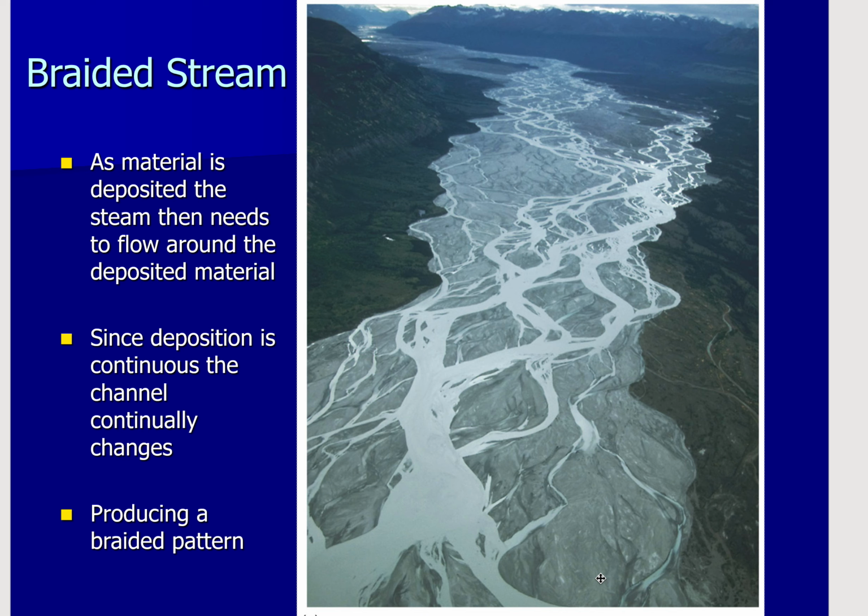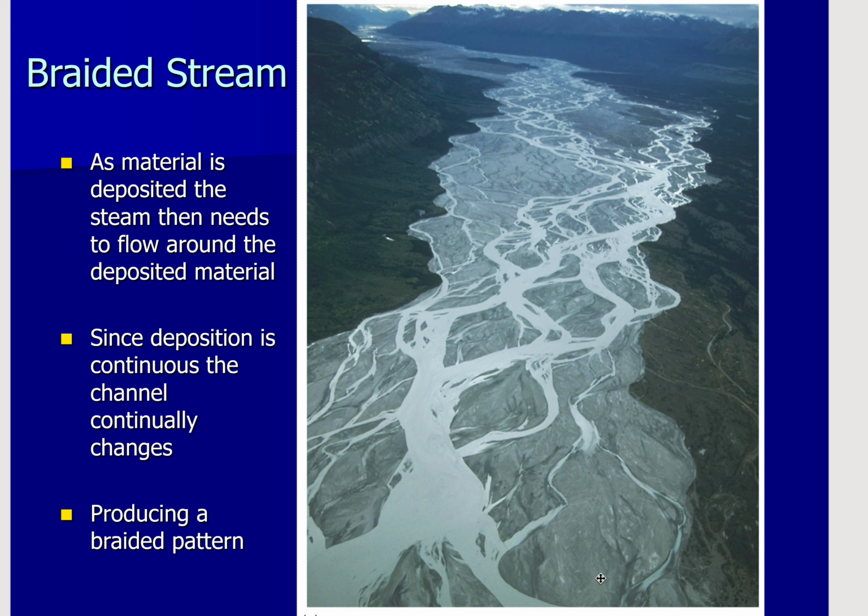And consequently, what ends up happening is the river creates many, many different channels, which is what you're seeing here. There's not one channel here, there are hundreds of channels through here, and the channels are constantly changing their locations.